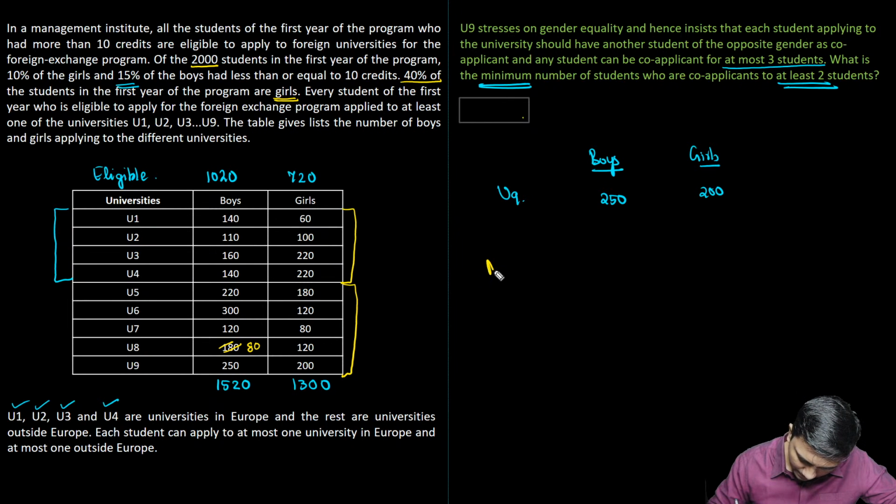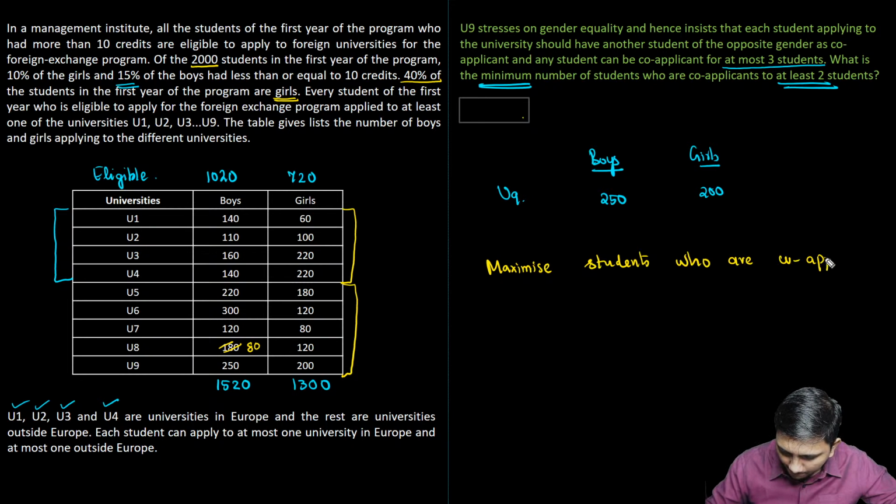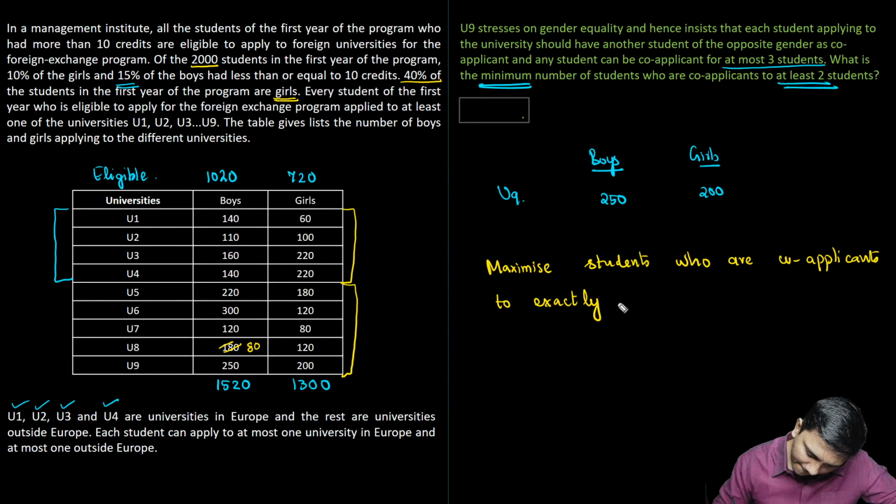Let me put it here. Maximize students who are co-applicants to exactly 1.